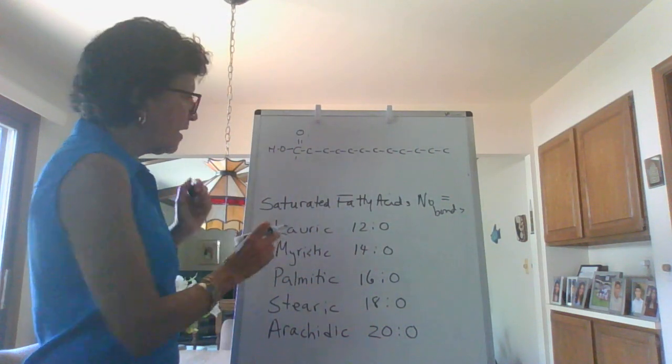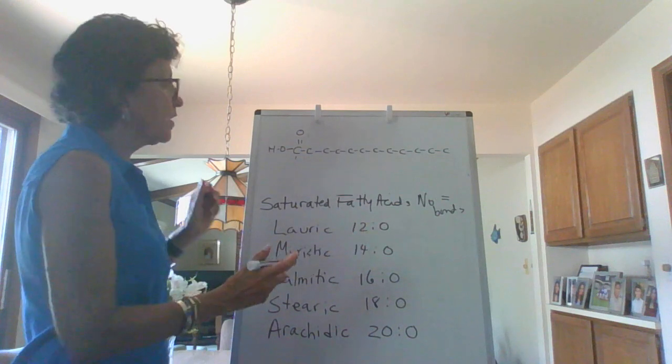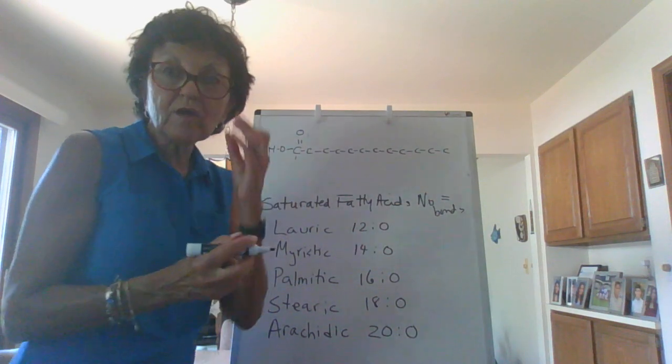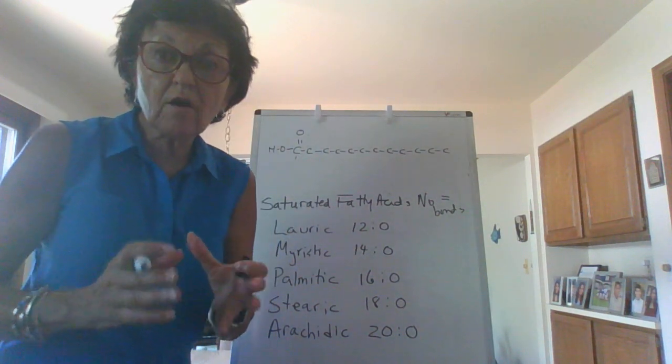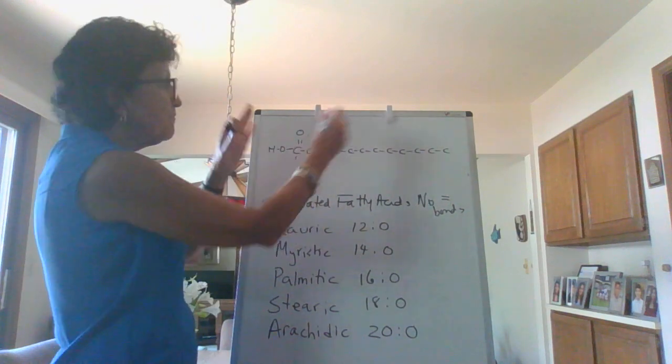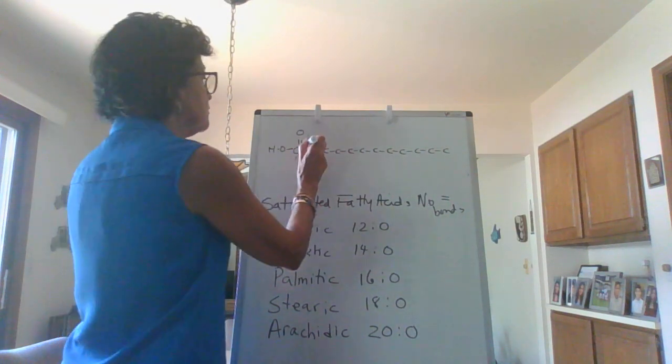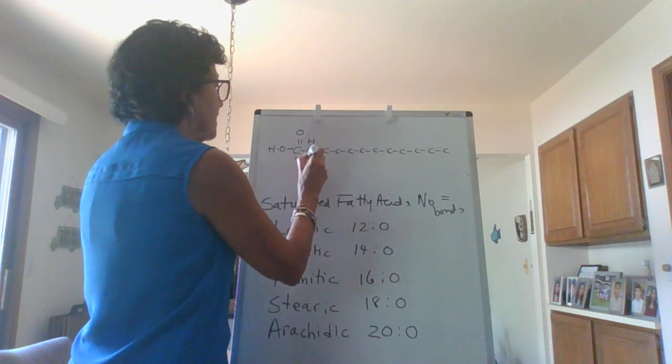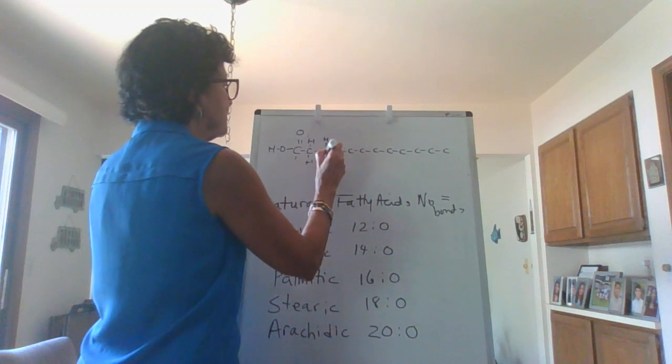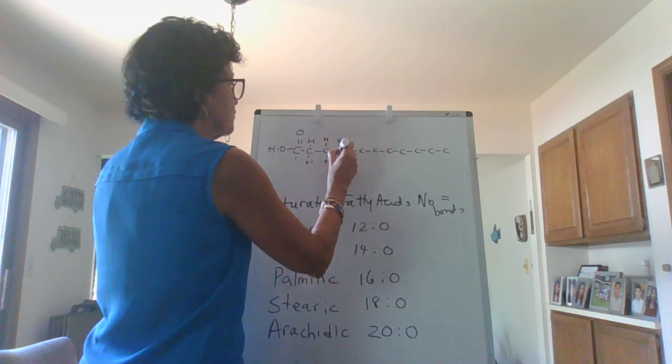So I'm drawing out lauric acid, okay? And remembering what you did in organic, every carbon's got 4 bonds. So we fill up everything with hydrogen. So this would be hydrogen, hydrogen, hydrogen, hydrogen, hydrogen, hydrogen.